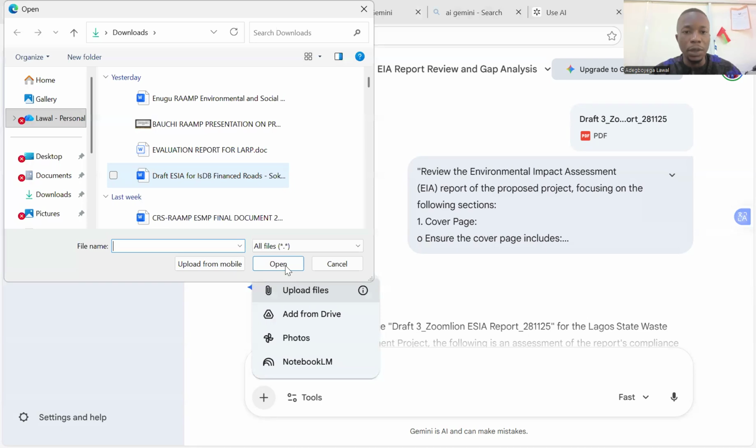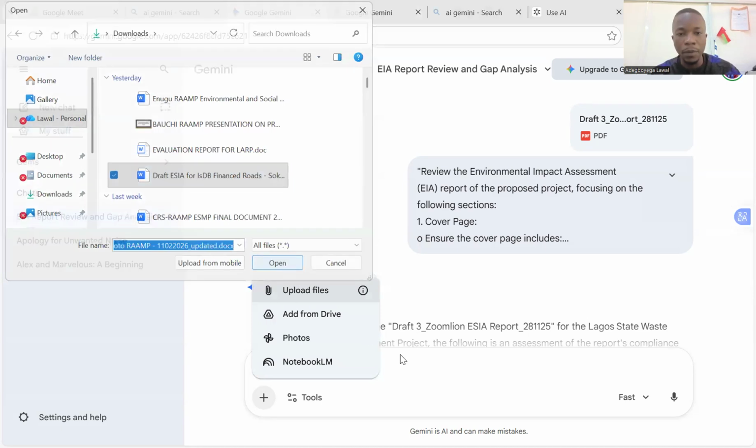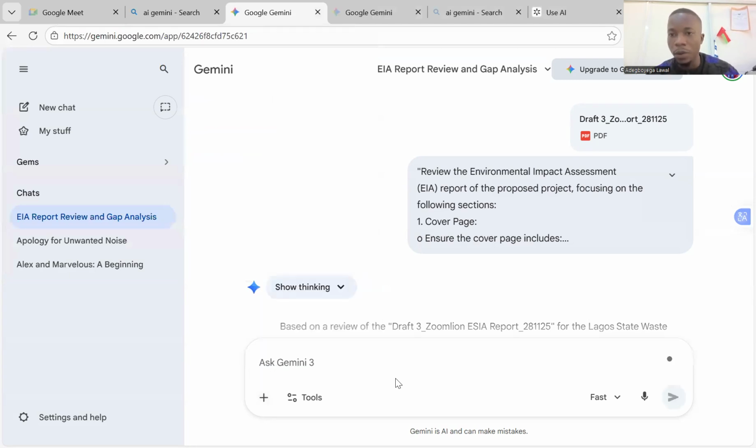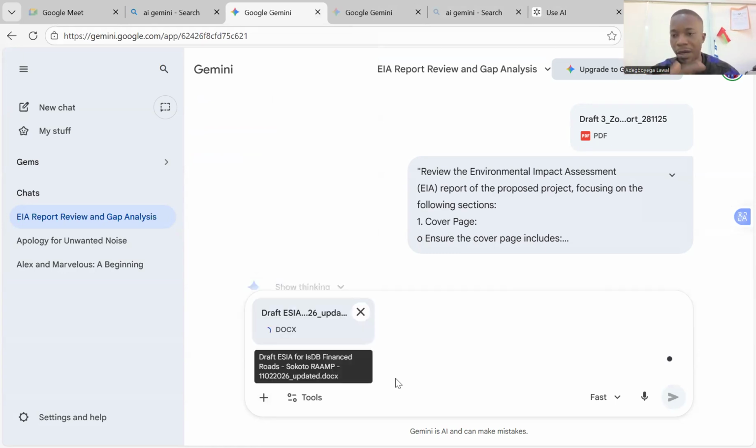You can upload a Word document or PDF, but it's good for it to be one single file. You can put several files together, but I feel it's better to have just one file per upload.